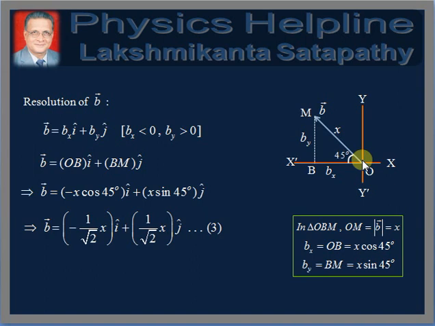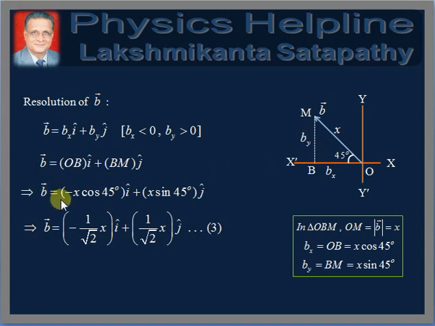Now in the right angle triangle OMB, angle BOM is equal to 45 degrees. The magnitude of vector B, OB, is equal to x. Therefore OB is equal to x cos 45 and BM, that is your y component, is equal to x sin 45.